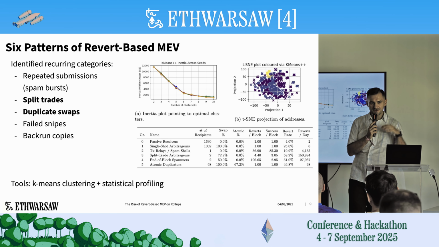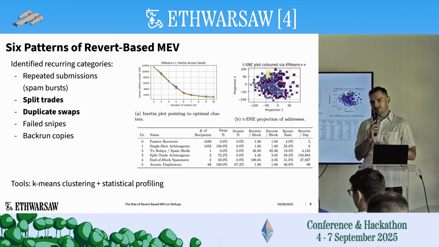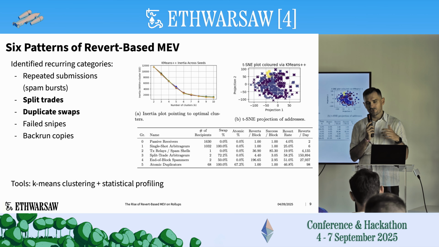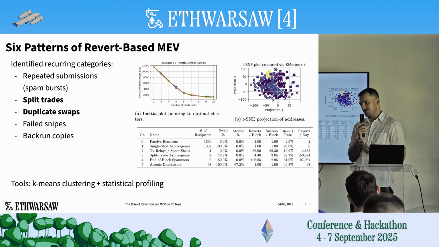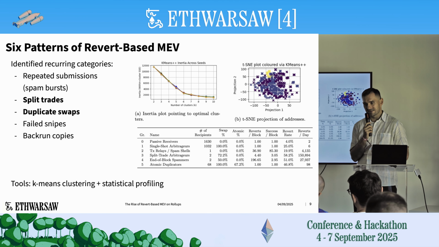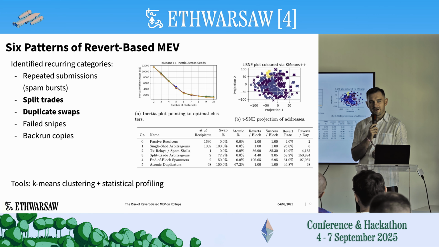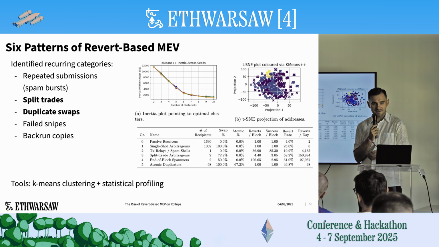Because those gas fees on L2s are so cheap, and the block is produced so fast, you want to make sure that, for example, your arbitrage transaction is executed first. So what you can do, you can simply send your swap maybe 3 times, because maybe one of them will reach the sequencer faster.